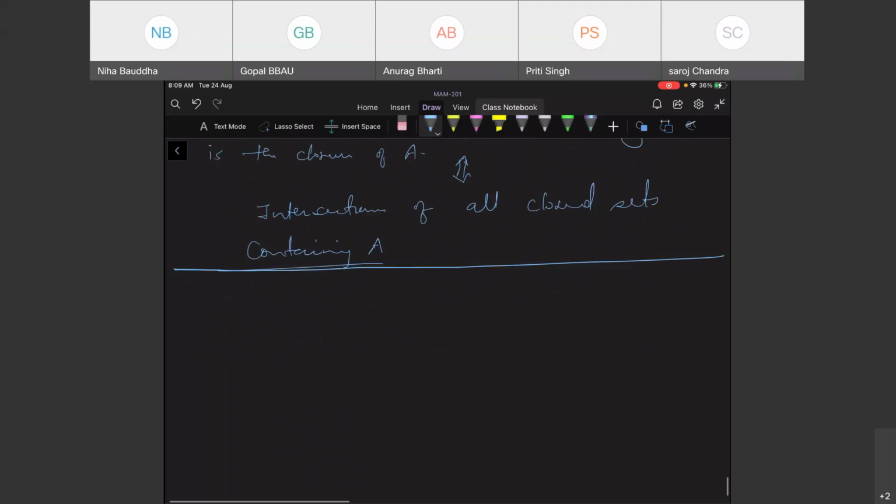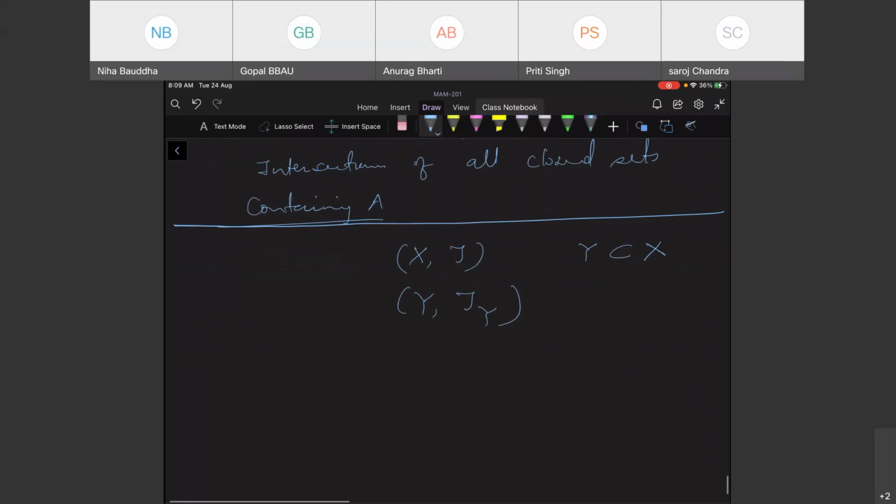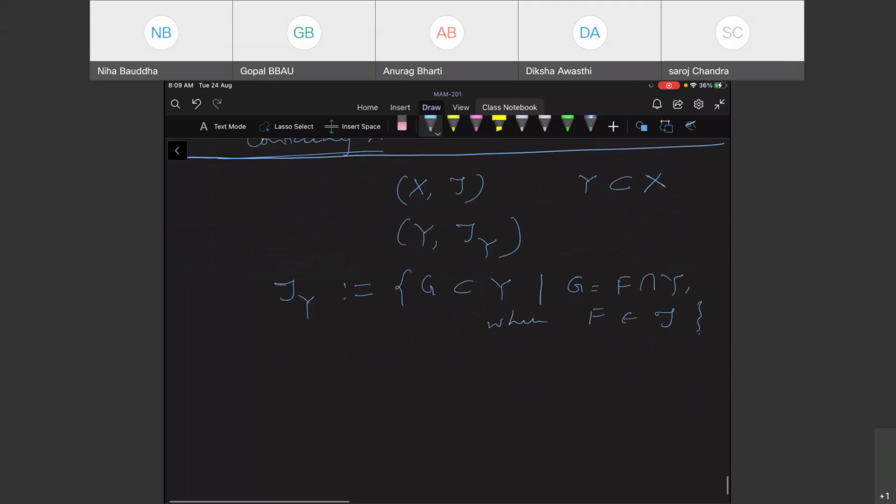We have a topological space X, and Y is a subspace of X, which means Y has the subspace topology. You all know that in the subspace topology every open set G of Y is of the form F intersection Y, where F is in tau. This is how we define subspace topology.